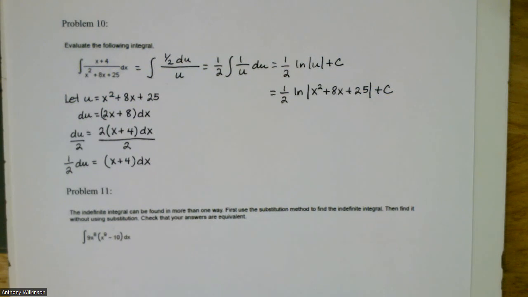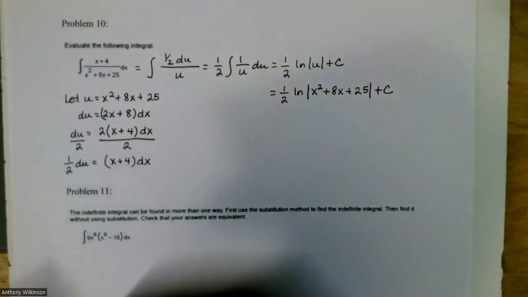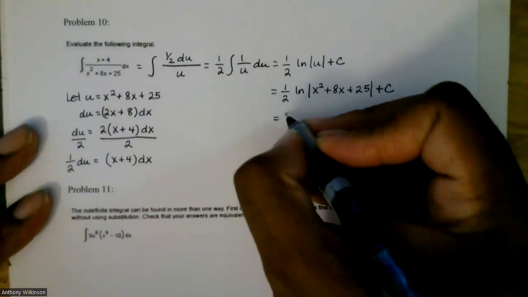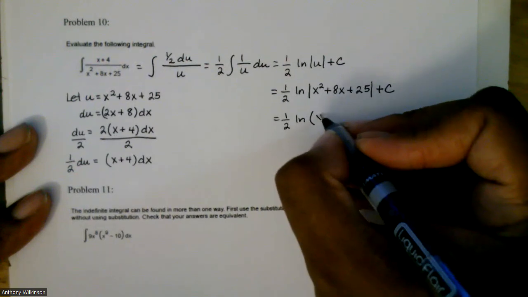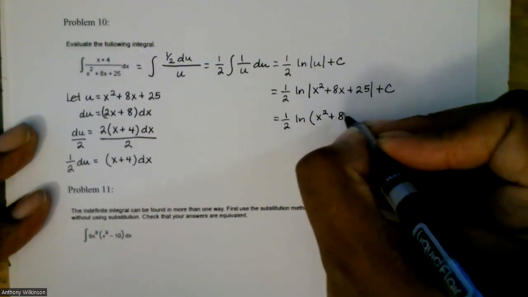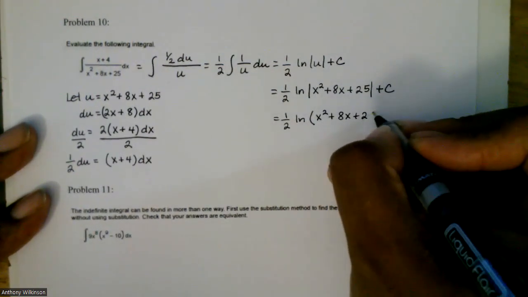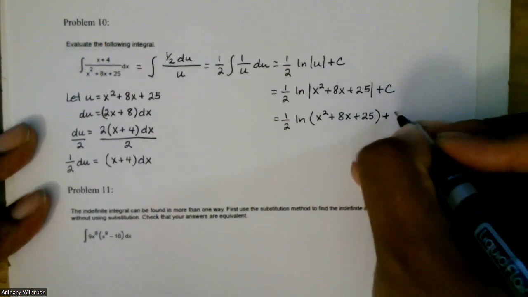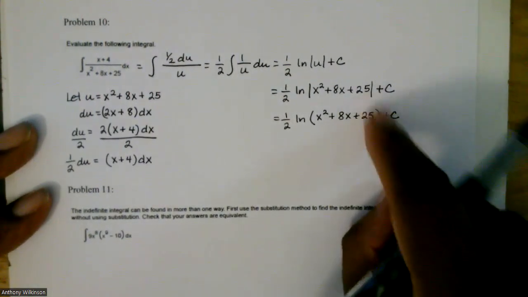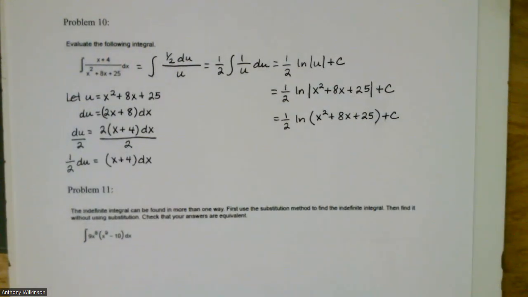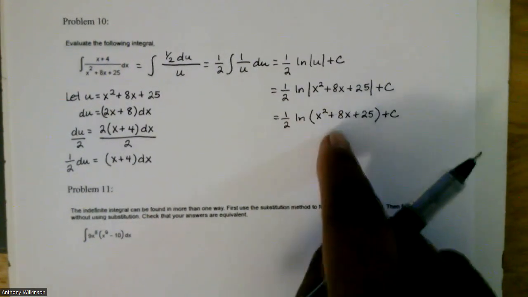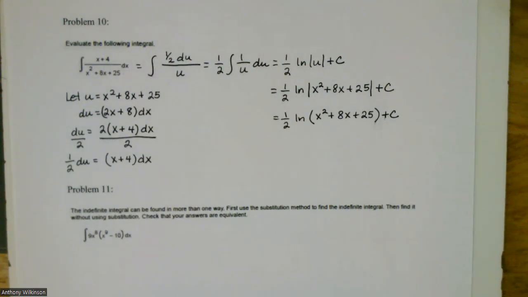So I can write that using parentheses. It'd be 1/2 the natural logarithm of, in parentheses, x squared plus 8x plus 25, and then plus c. Now keep in mind, these two are both correct, but sometimes they might want this or they might want this as an answer, because x squared plus 8x plus 25 won't be negative.